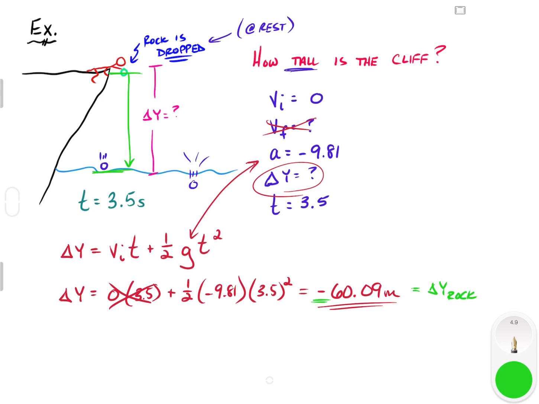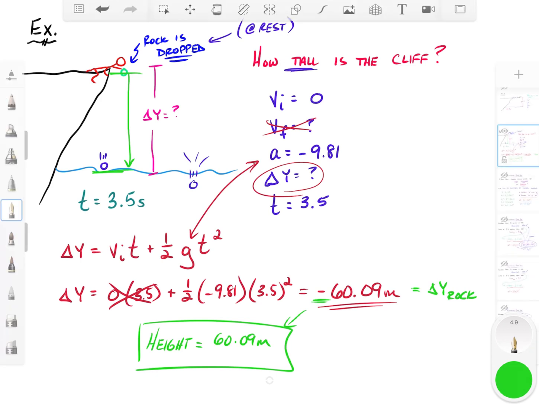So if the rock fell from the top to the bottom down 60.09 meters, we can flip that around and say that the height of this is just the reverse. So the height of this cliff must be 60.09 meters, since we measure height in the positive direction from the bottom up. All right, so you're just going to use kinematics, and we're going to adjust that very slightly.